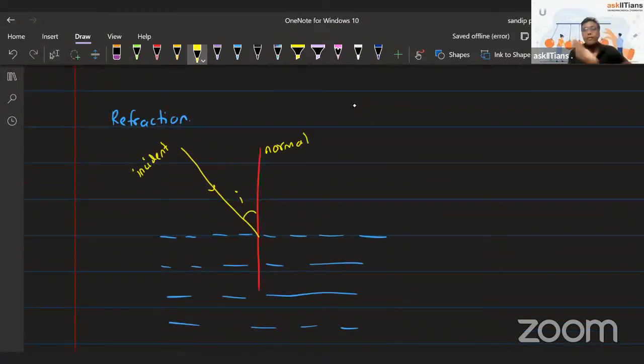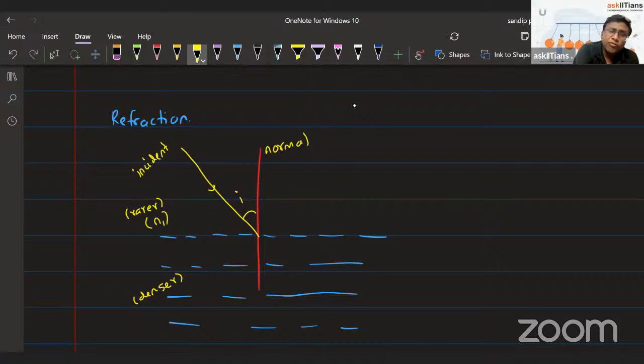If the light is going from a rarer medium, so obviously in this case the air will be the rarer medium and this will be the denser medium. Refractive index is the one property we need to remember here. So the refractive index of the rarer medium, let's say N1, and for the denser medium it is N2. If the light is going from rarer to denser, we know that light bends towards the normal. That will be angle R.